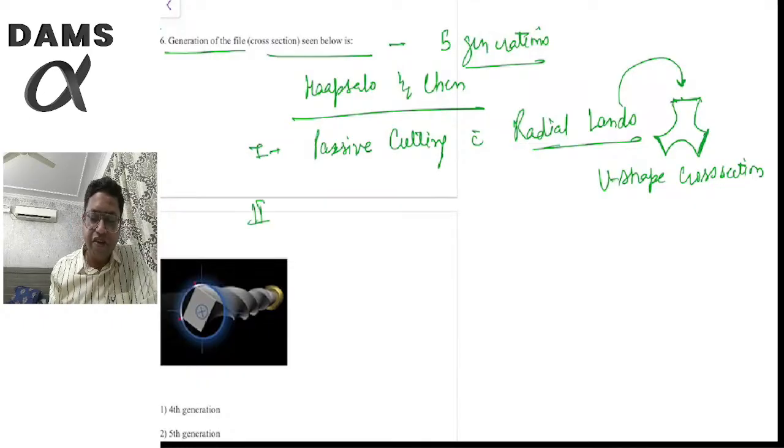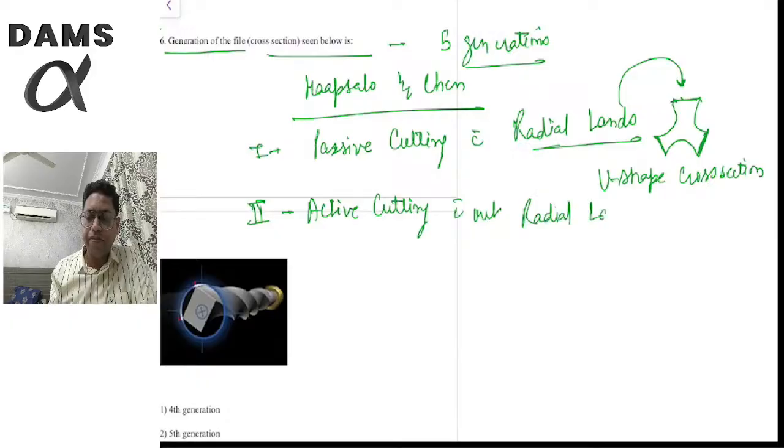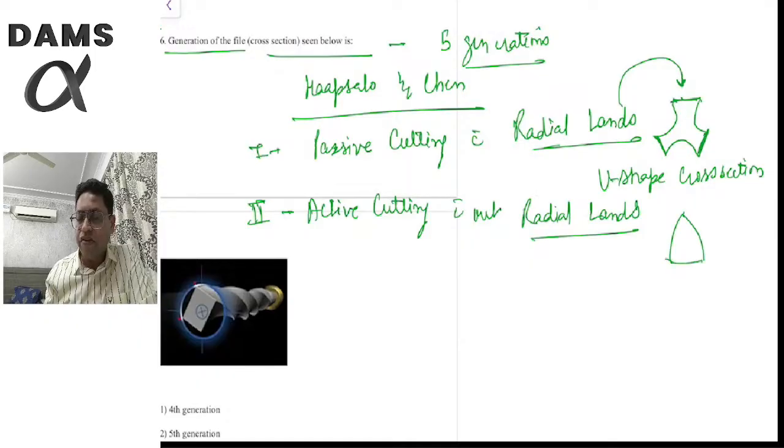The second generation of nickel titanium instruments are active cutting and without radial lands. If we look at the cross-section, you get a figure like this, or like this. Different blade geometries are there, but what is the most common thing in them?